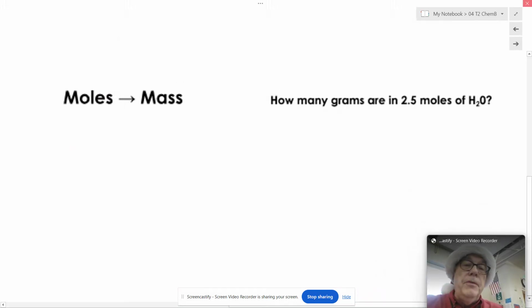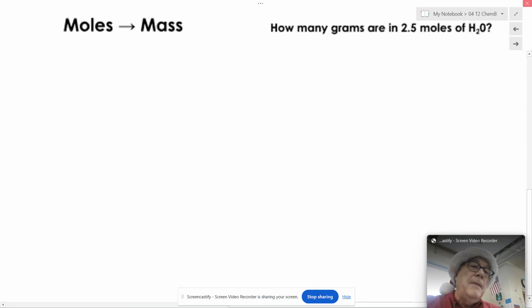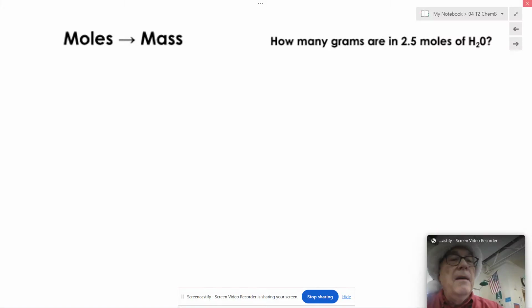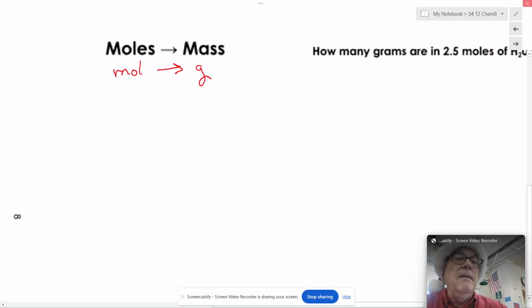I'm going to move to the second half here. Now, in this particular problem, we are starting with moles, and we're converting to grams. Remember, anytime it says mass, it means grams. For us, that mass will be in grams.